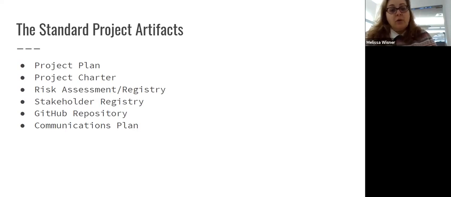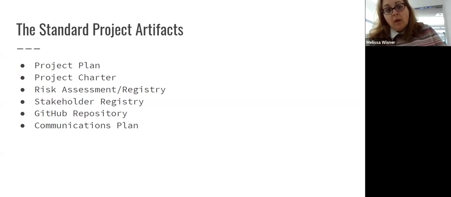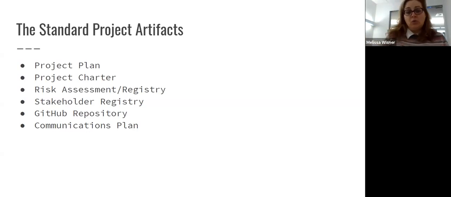We take steps to identify risk and risk strategies. We may even create a very formal list or registry of stakeholders. There's GitHub repositories, communications plans, all of these artifacts. Again, we spend a great deal of time crafting and trying to detail what it is that we're going to do. And these artifacts tend to reflect how we're going to do it.